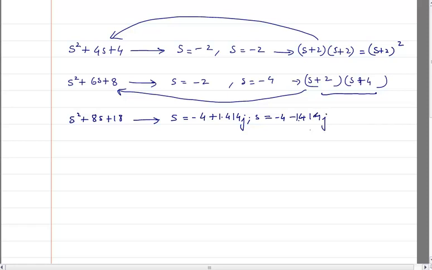So this is the case where you have a complex number, you have an imaginary factor in it.